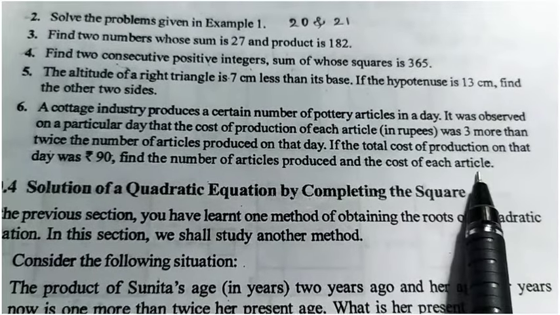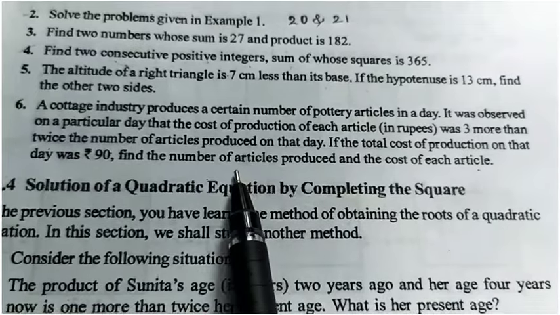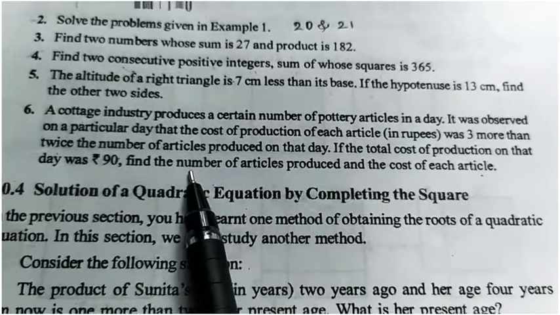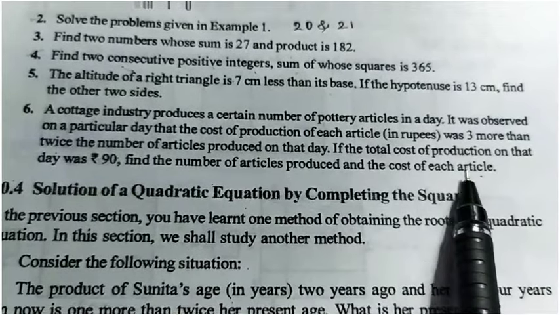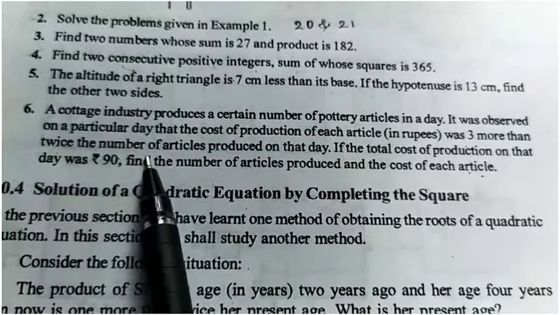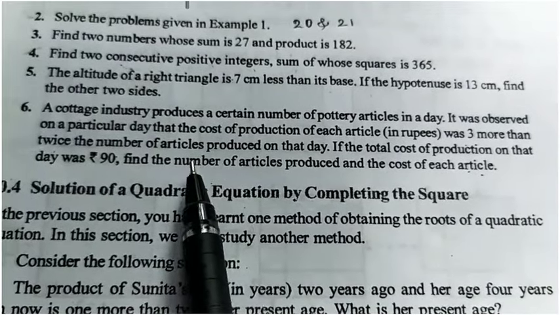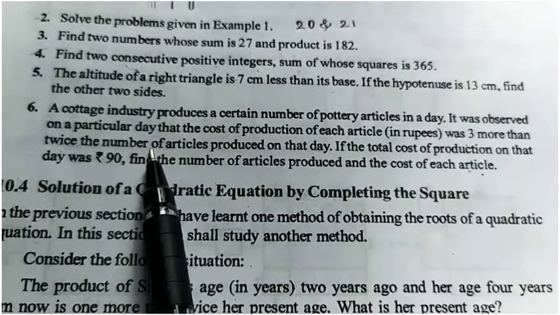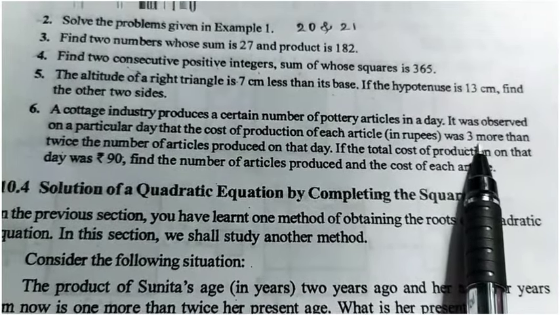Okay, so here the number of articles I will take as x, and the cost of each article is 3 more than twice the number of articles. So here I am taking the number of articles as x. Twice the number means 2x, more means plus 3.